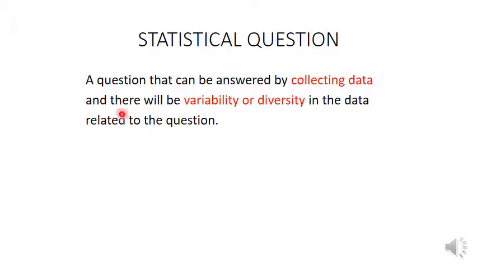Next, there will be variability or diversity in the data related to the question. You may get a variety of answers, different answers, if you ask a statistical question.